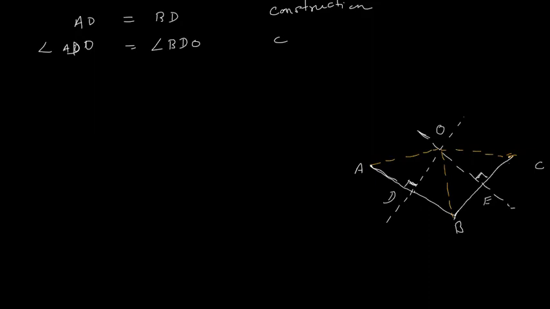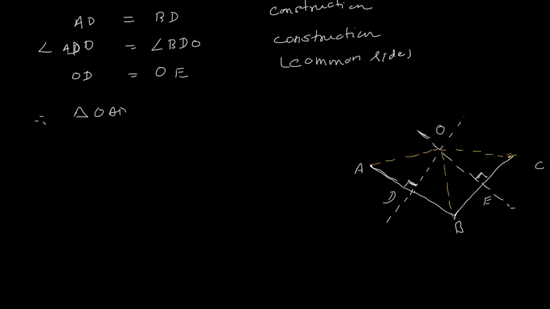This is also by construction. And side OD equals side OD, this is a common side. So therefore triangle OAD is congruent to triangle OBD. This is the side angle side criterion.